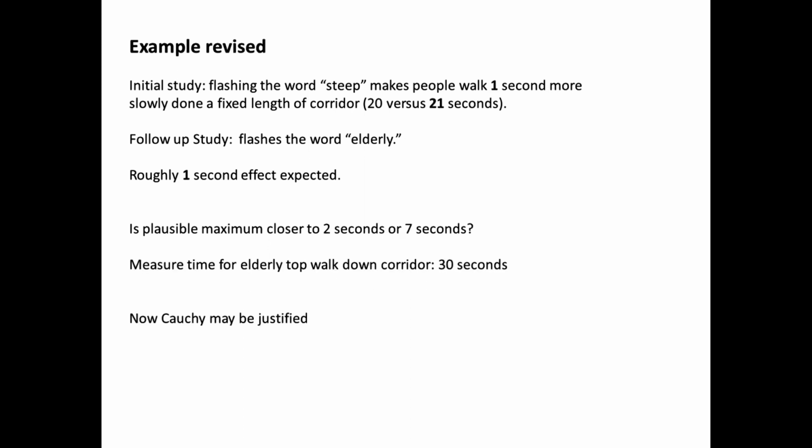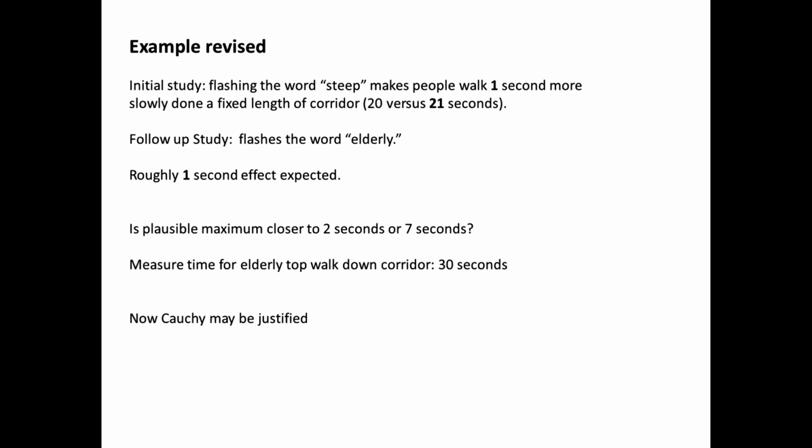So I sort of tried to think of a situation where, I've never used the Cauchy, and I've always found the normal more appropriate. But as I say, that can't be a law of the universe. And so I thought of a situation with this example where a Cauchy may be more appropriate. So let's say the control group actually went from 20 seconds to 21 seconds. That's what I changed. So it's a 1 second effect.